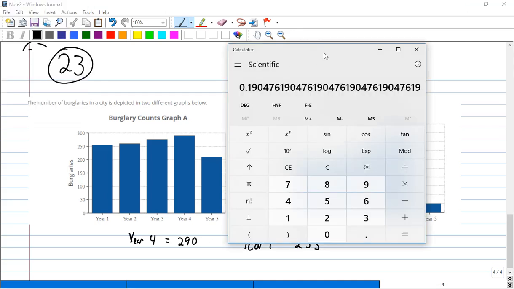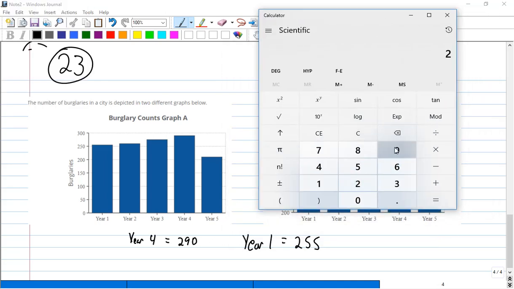What if we take the bigger number and divide it by the smaller number? So we can see that there were 1.13725 whatever times as many burglaries in year 4 as there were in year 1.